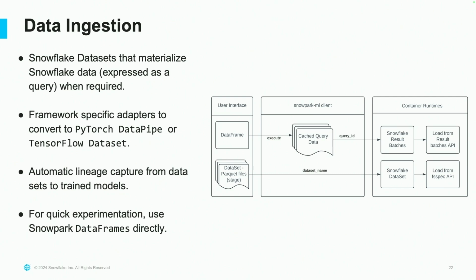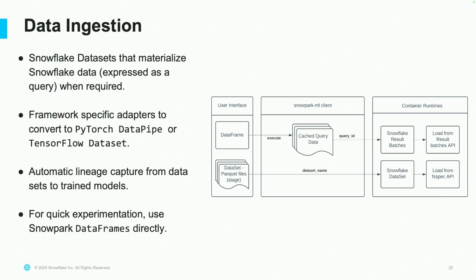At the point you are sure that this is the data set that you want to work with, all the pre-processing steps have completed, you can persist that data set. And if you're using our APIs, we take care of the materialization at the right point. What that means is we will now materialize those as Parquet files on an internal stage, and then those are made available to your container runtime, so you can access those and feed them into your ML frameworks, right?